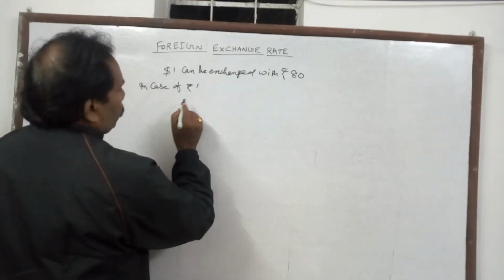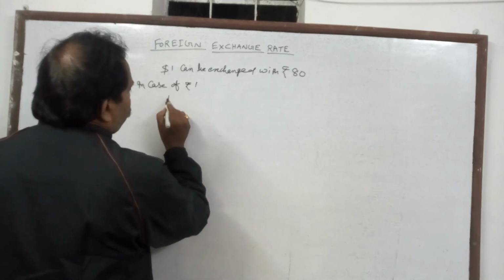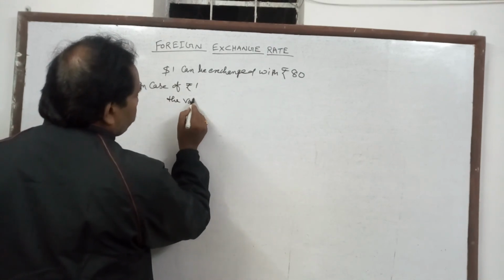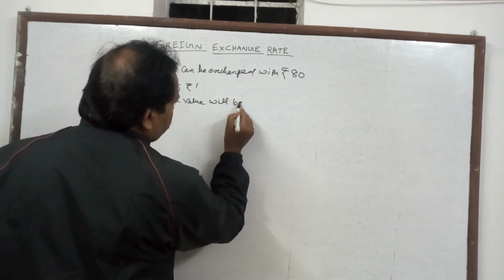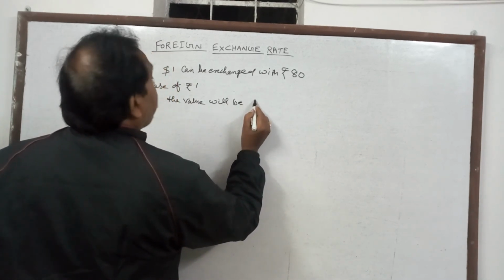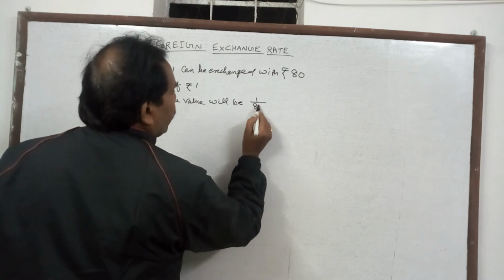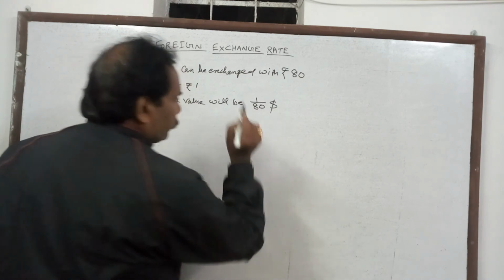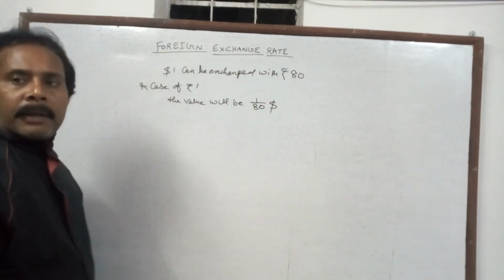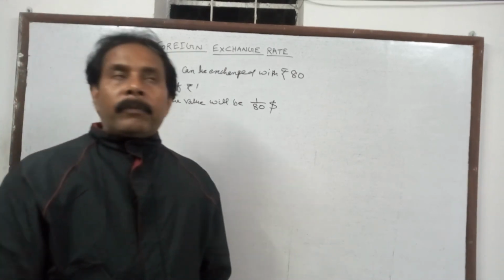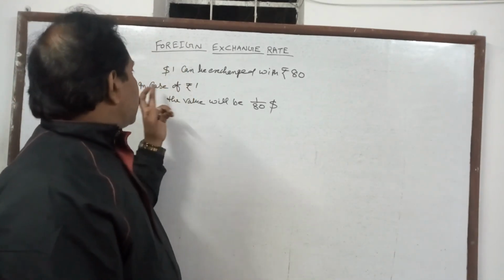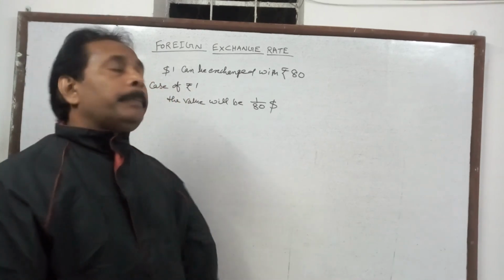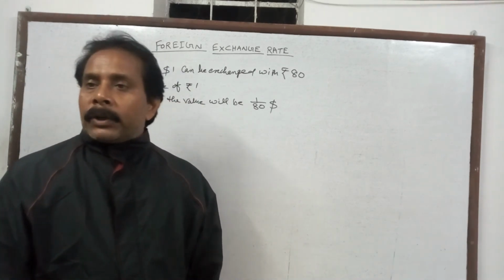So in case of rupees 1, the value will be 1 by 80 dollars. Is it clear? So in case of rupees 1, the value will be 1 by $80.